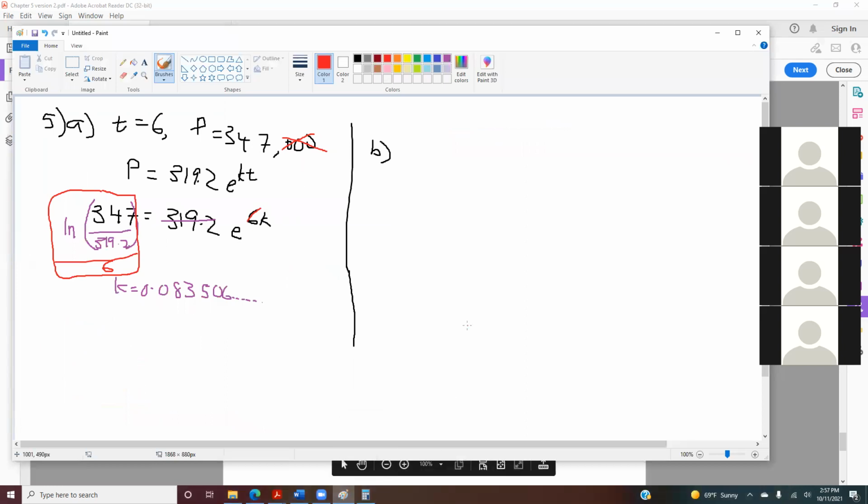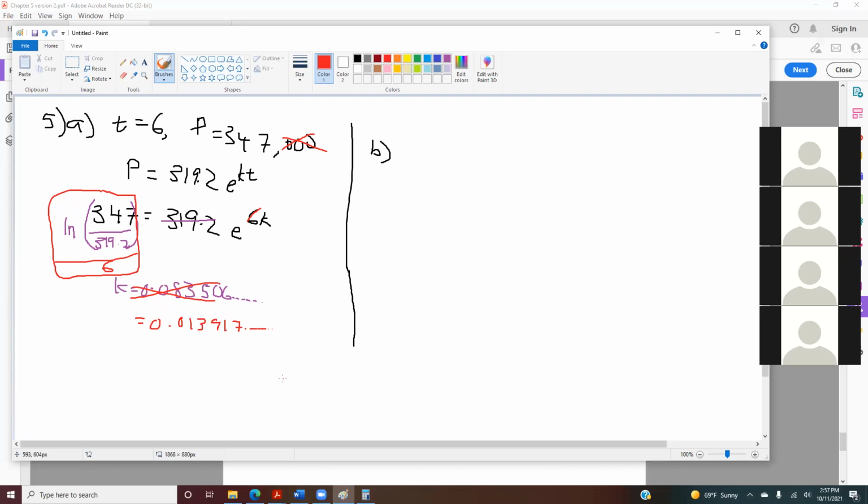Yep, all of you please practice this. It's mostly a calculator skill. So make sure you close the 319.2. You'll get 0.0139. Yep, so this is actually wrong, Calvin. 0.013916, something like that.